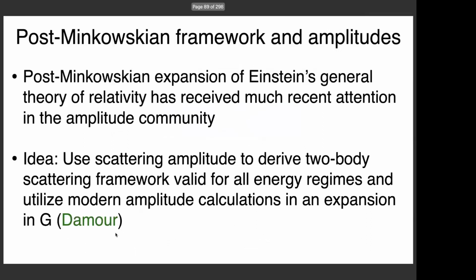In the context of amplitudes, it's very customary to work in what we know as the post-Minkowskian framework. The post-Minkowskian expansion of Einstein's theory of relativity is a way to think about the problem that has received much attention in the amplitude community. We can basically think of this as a resummation of a post-Newtonian expansion.